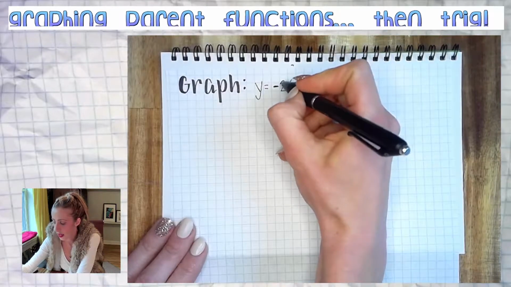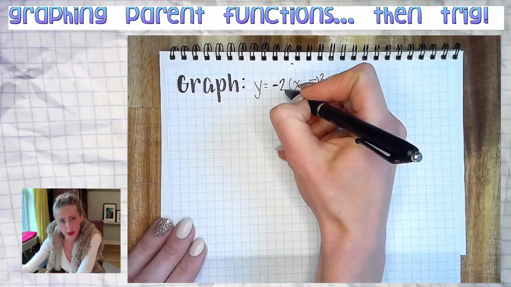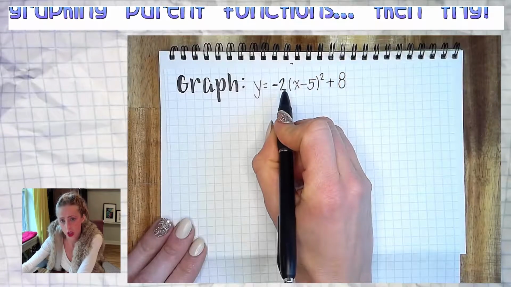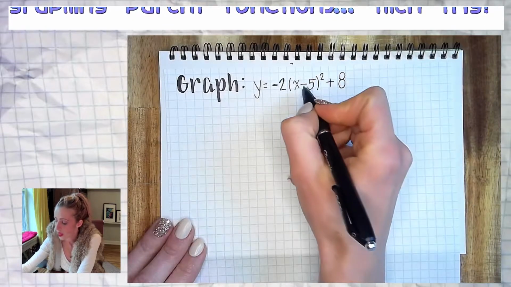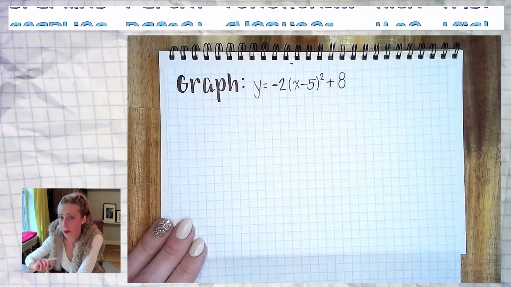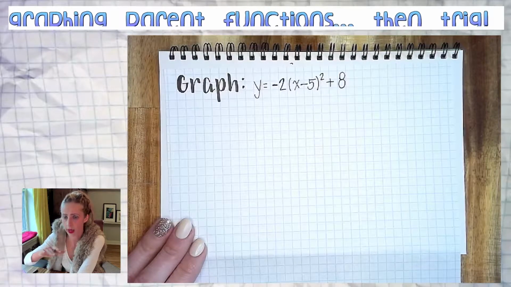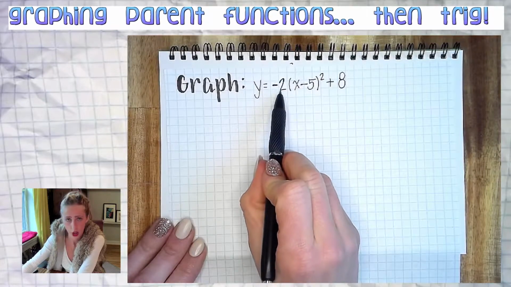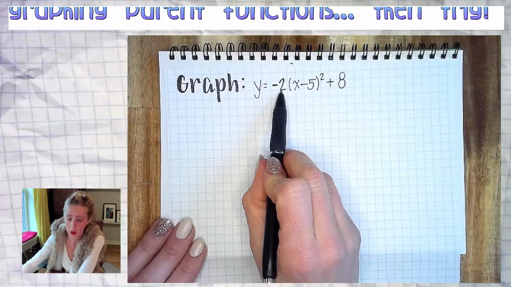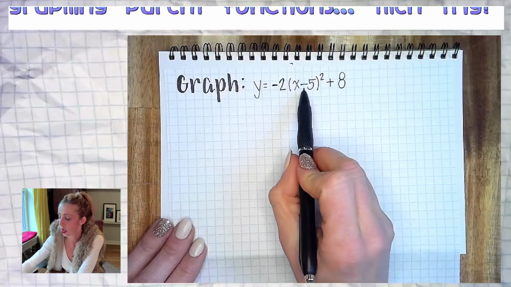This 2 right here represents a vertical stretch of 2. This -5, so those are types of transformations. Under that umbrella: reflections, stretches or compressions, could be vertical or horizontal.